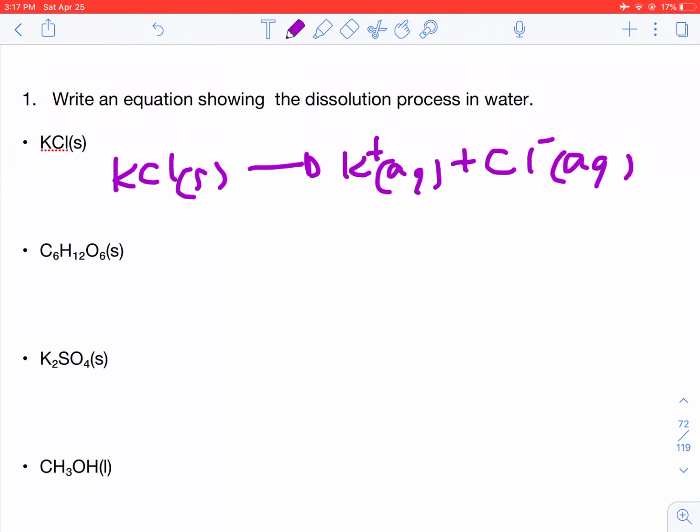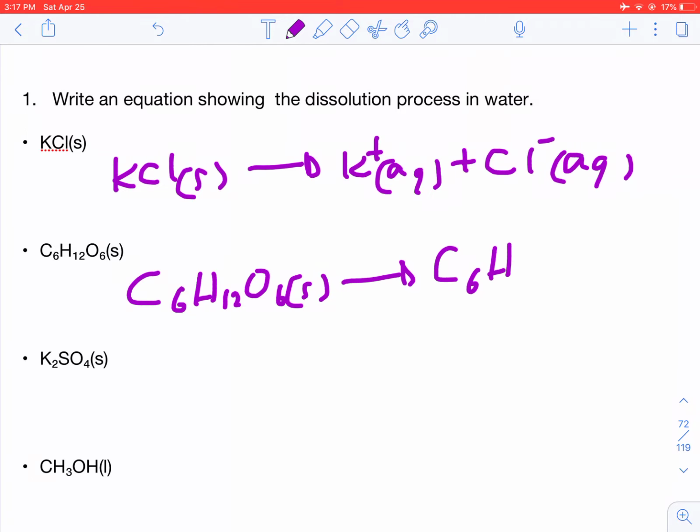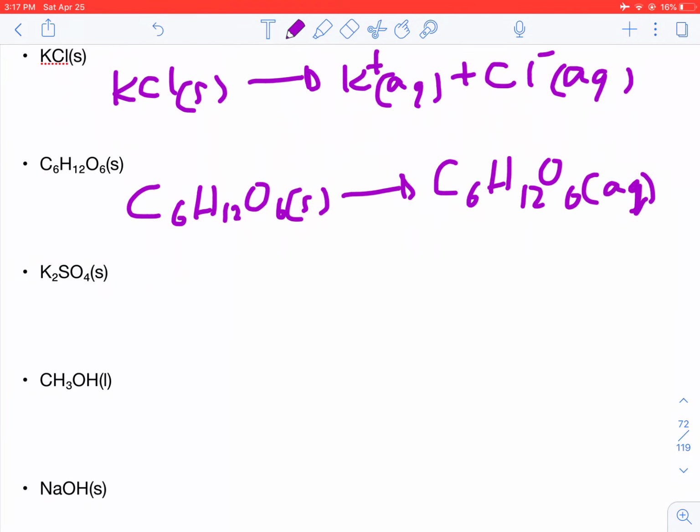If we look at this one, we know that's a molecular substance, so C6H12O6 solid, and in water that gives us C6H12O6 aqueous. It stays in a molecular form.